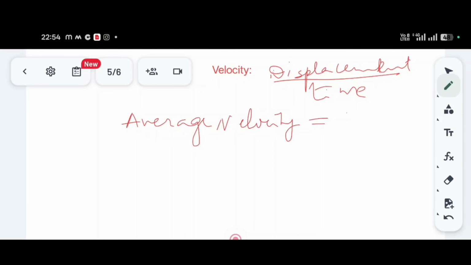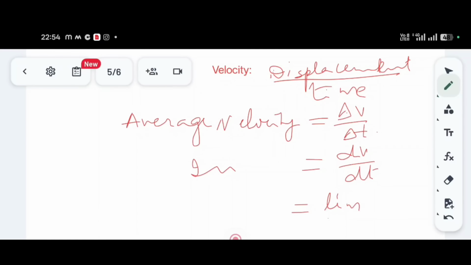Average velocity is delta x by delta t, and instantaneous velocity is the limit of delta t tends to 0 of delta x by delta t, which is given by dx by dt.